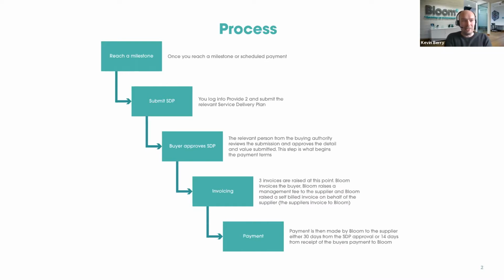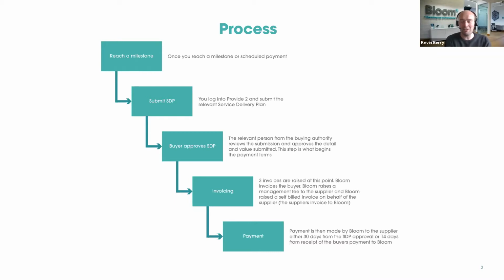The next stage is what we're going to drill into today a bit more specifically. This is where the invoicing takes place once that buyer approval has been received. What happens within Bloom's system at that point is that we generate 3 invoices, 3 separate transactions. We invoice the buying authority from Bloom for the amount that was submitted on the service delivery plan.